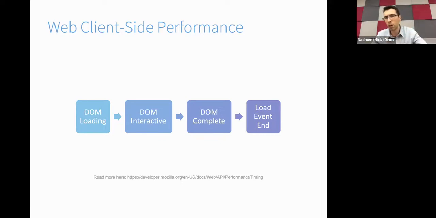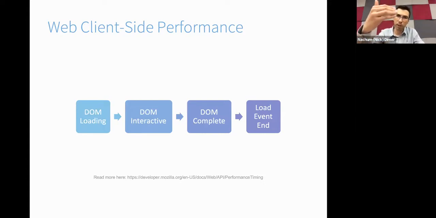So the DOM loading event, and you see the link, so you can read more extensively about it in the link below. DOM loading means we got our main HTML page and we start to proceed. DOM interactive, this is a very important one, means that we processed it initially. We draw UI components based on our initial analysis, which means by this time the user can start interacting with the page.